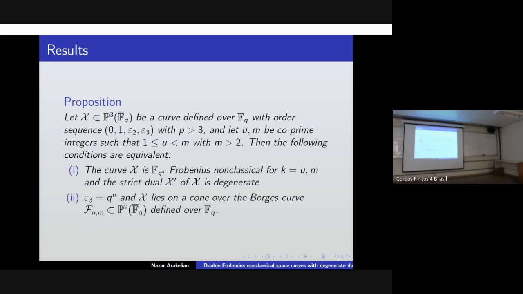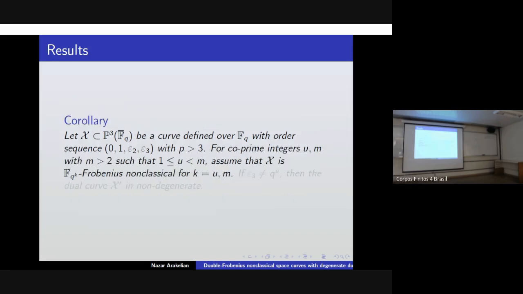So you take a double Frobenius non-classical space curve, and if this number is not q^u, then you know that your curve is non-degenerate, so you can try to use a couple of incidence results to produce the dual versions of it.